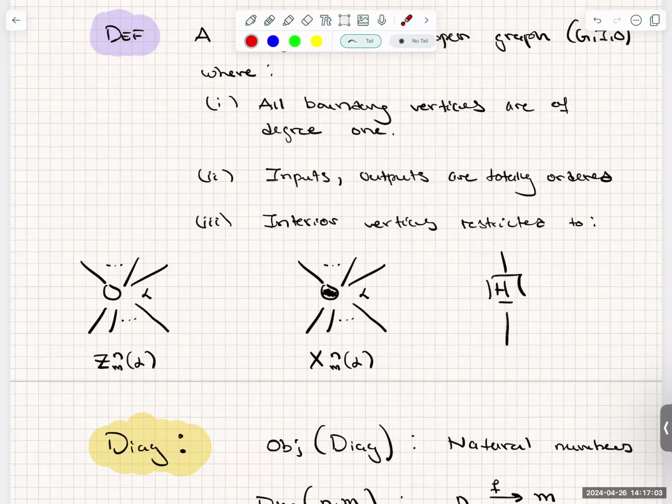Sure. So for any angle alpha, you have one of these operations. Is that what's going on? Yes, for any angle alpha. Is there any condition on what happens if you concatenate different alphas?